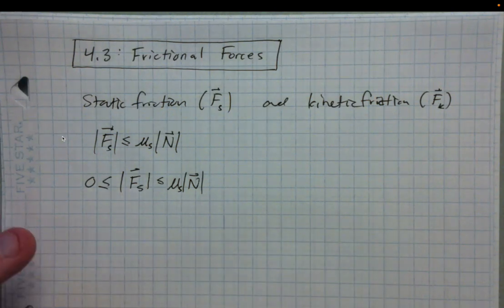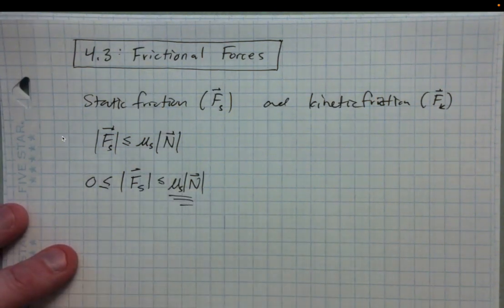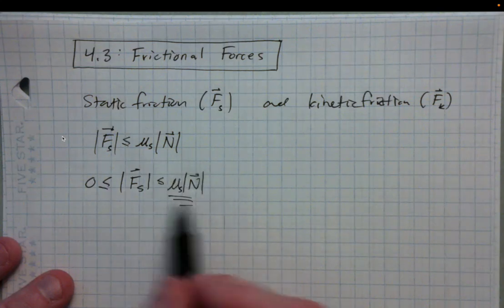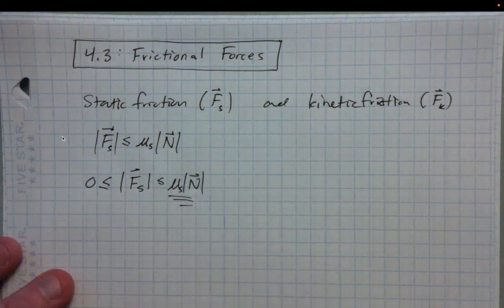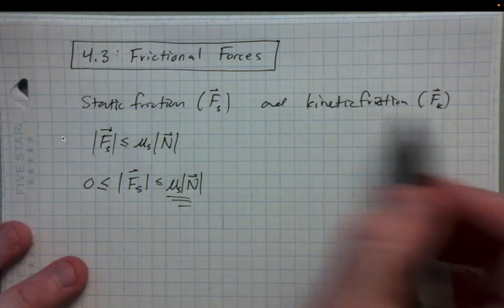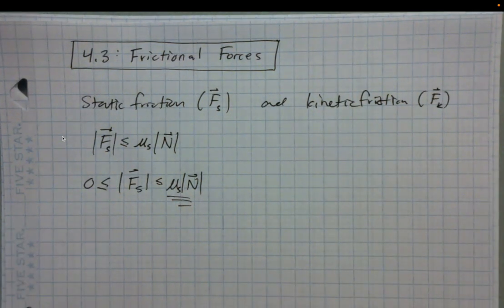Now, once this force is exceeded, the static friction force is overcome and kinetic friction takes over. Once this level is reached by whatever the opposing force is, the object becomes unwedged, and it starts to slide. And once that happens, you have the other kind of friction, which is called kinetic friction.